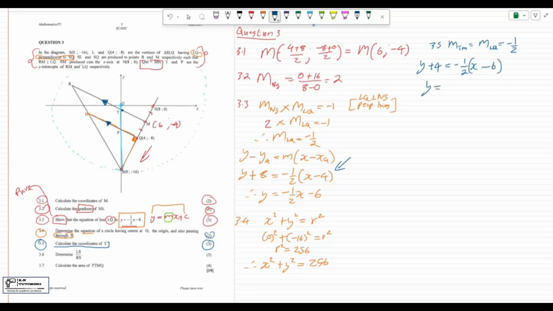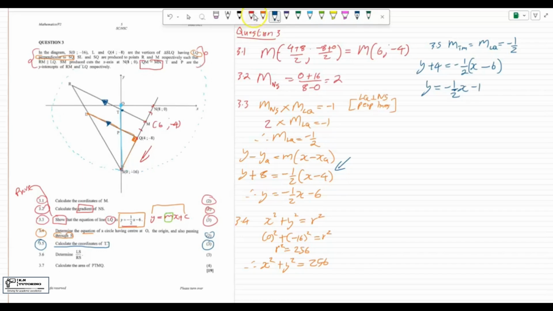Then when I simplify this, I'm going to have y equals -1/2 x, and then negative times negative gives positive 3, and 3 minus 4 is going to give me negative 1.